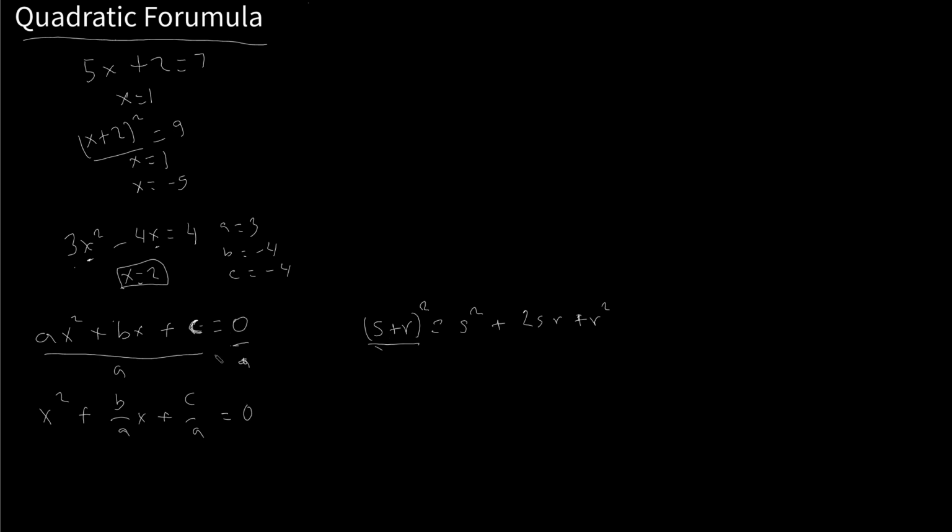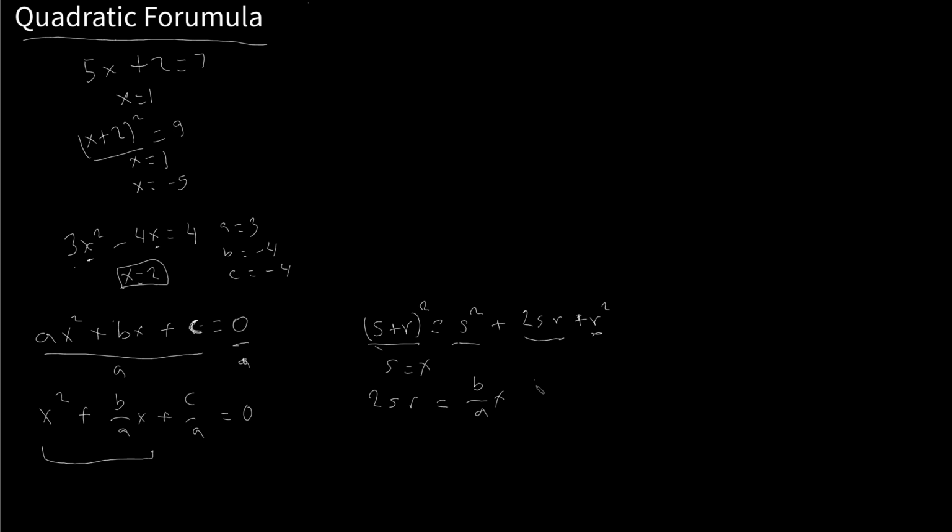Now let's say in this equation we take these two terms to be s squared and 2sr. In this case our s is simply x, because that's x squared, and 2sr is equal to b over a times x. Now we want to find r squared so that we can add that here and take the square root.